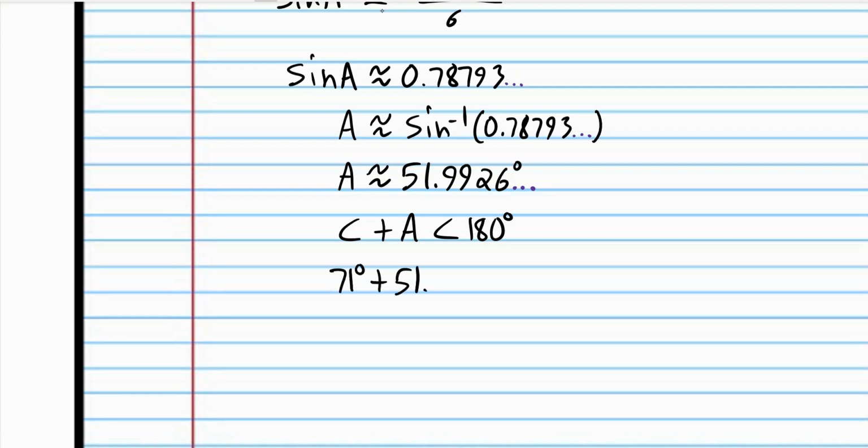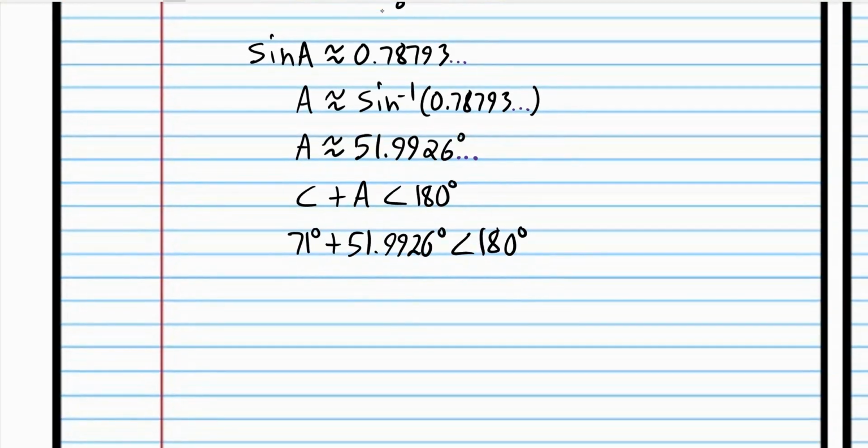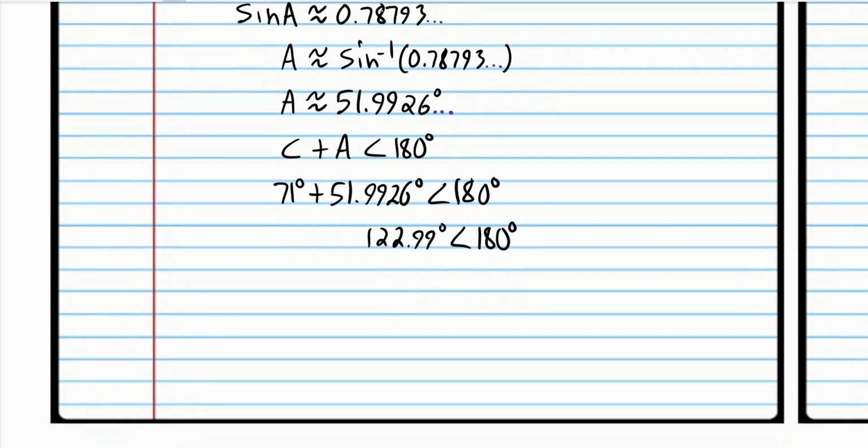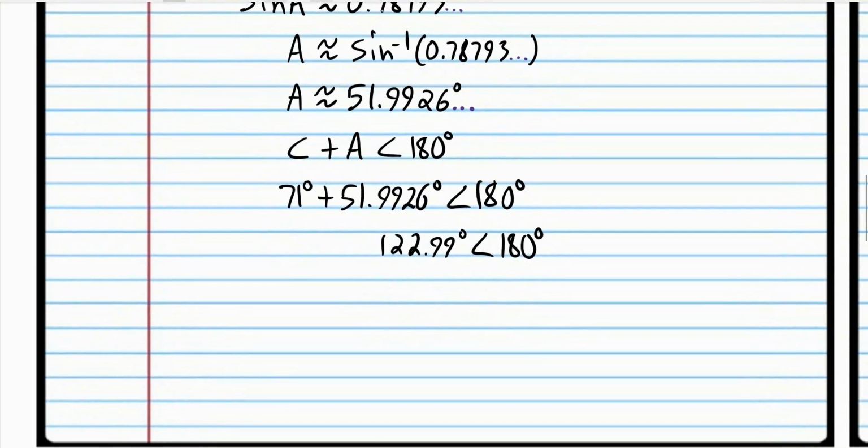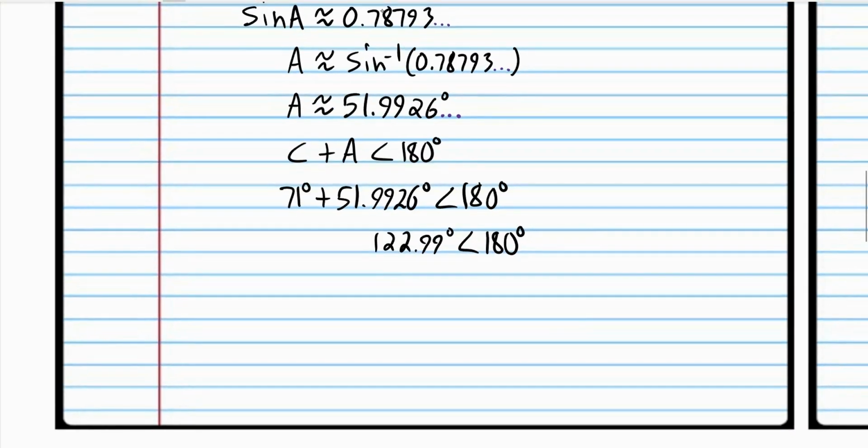A, we just found, is approximately 51.9926 degrees. And if we add those up, we get 122. So that means that there's at least one triangle, and we don't have to carry out so many decimals there. So I'll put a check by that.